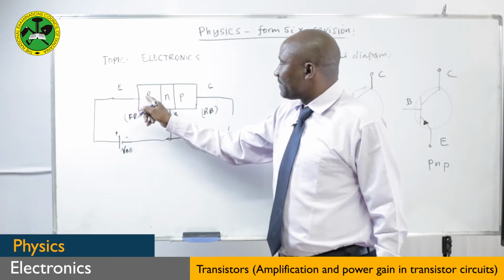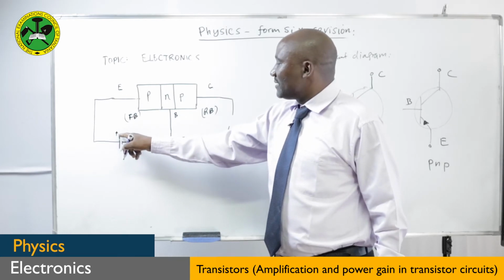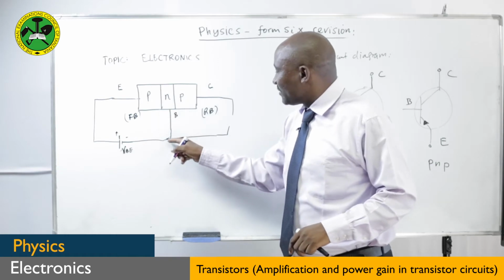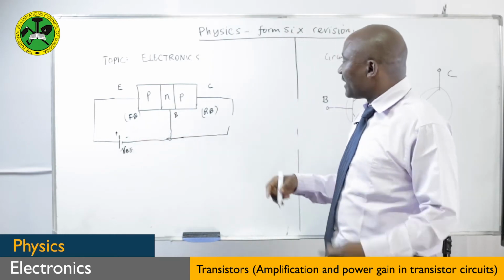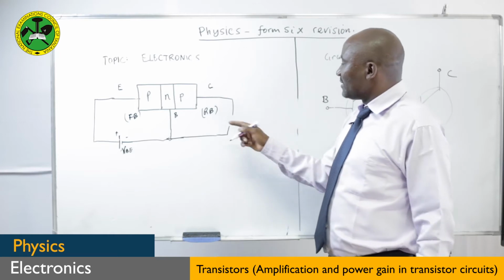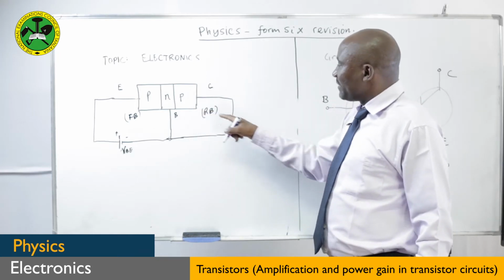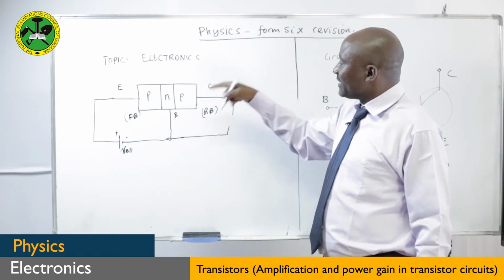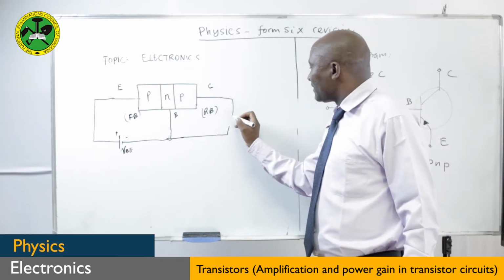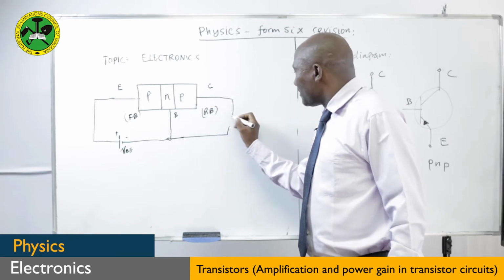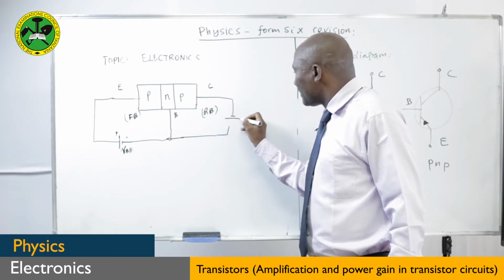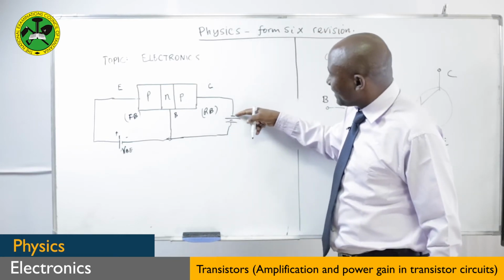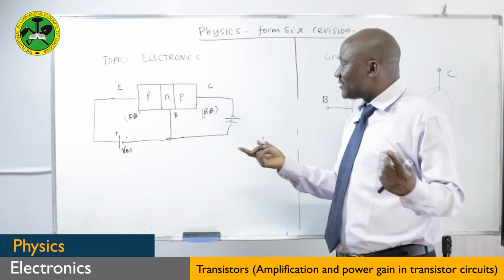So the positive terminal of the power supply is connected to the P. P means positive, and the other terminal to the negative. On the other side, reverse: the positive terminal of the power supply should be connected to the negative, and the negative to the positive. Here, if this is P, we must have the negative terminal here. This is a negative, this is a positive, and we shall see the reason why I'm making this.